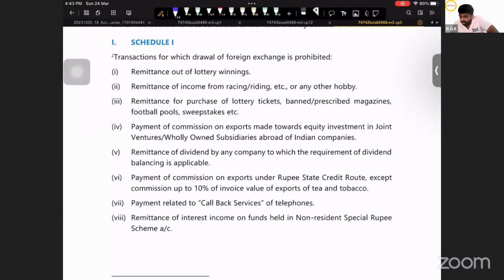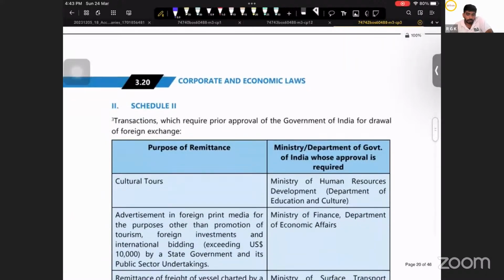You cannot draw foreign exchange to pay interest on the balance in that account. So in Schedule 1, for 8 transactions you are prohibited from drawing any foreign exchange.